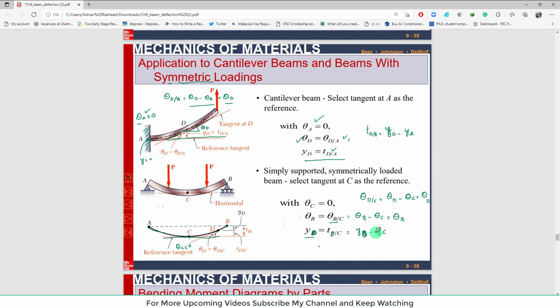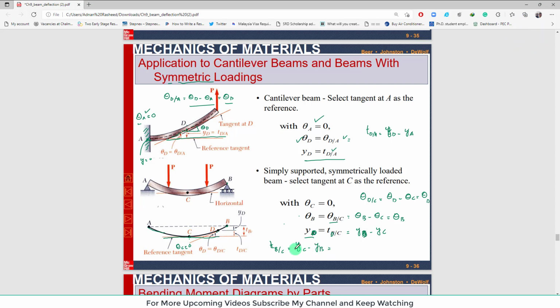Or you can see that if you are interested to find out this theta D, wait a minute. Okay, so from this point till this point C, this is TBC, which is equal to the maximum deflection. TBC means YC minus YB.